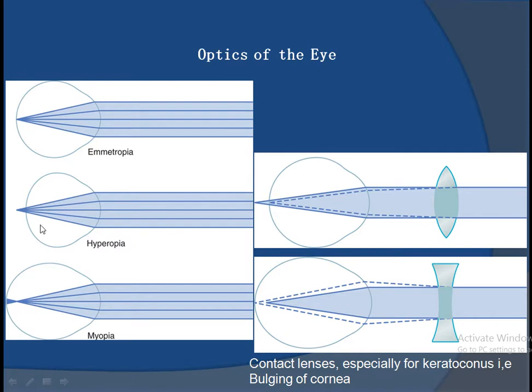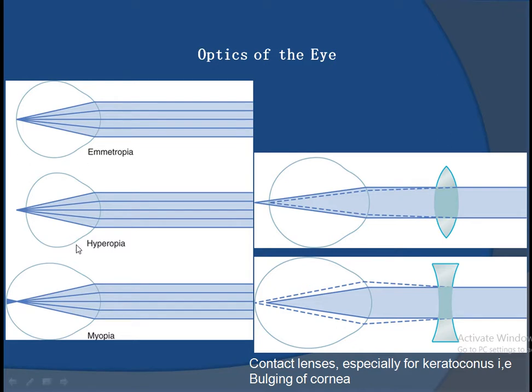To have the image on the retina, we have a choice of how we can correct it. Number one, either you change the refractive power of the cornea or the lens, or you change the size of the eyeball. The size of the eyeball cannot be changed, as we all know.